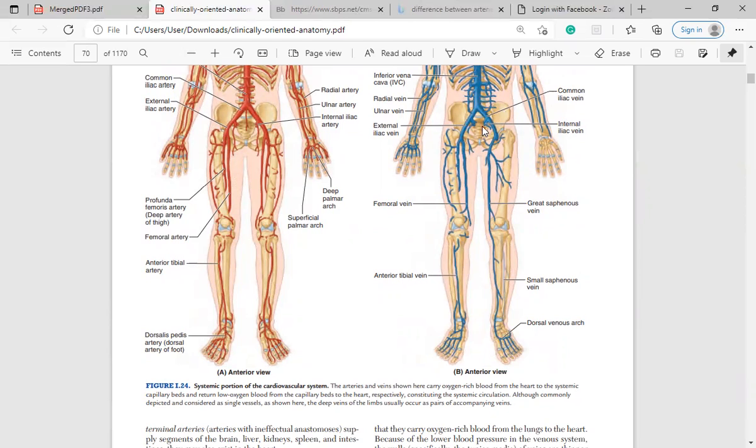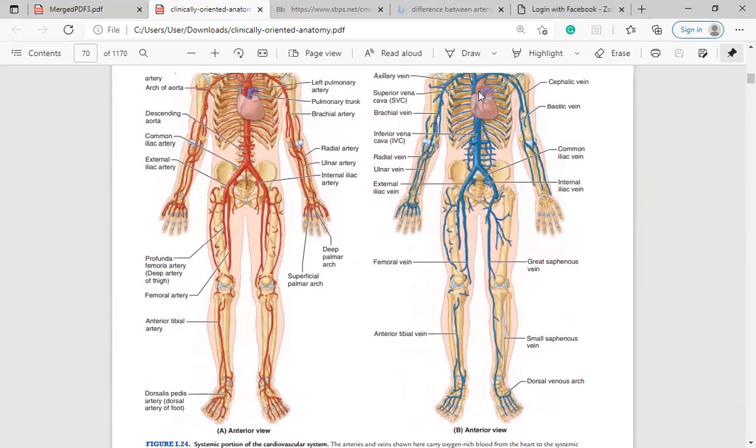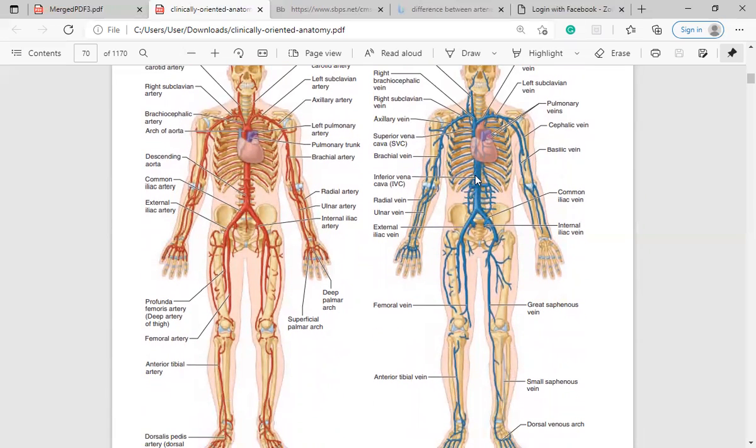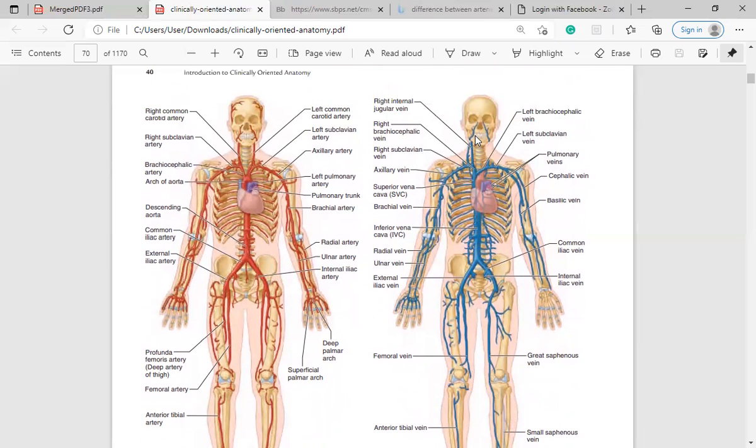All of these veins come together and join the inferior vena cava to enter the heart. So this is how the veins drain blood back to the heart, and how the arteries carry blood from the heart to other organs of the body. Very, very important.